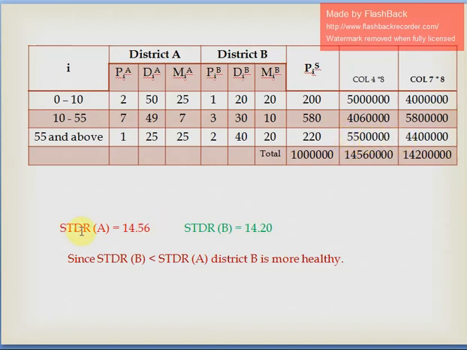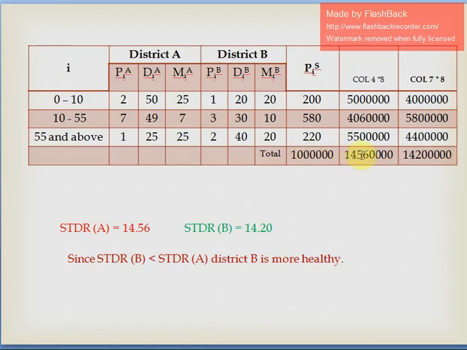To calculate STDRA, that is summation MIA PIS divided by summation PIS. Summation PIS is 1,000,000. So we simply divide this value by this value.